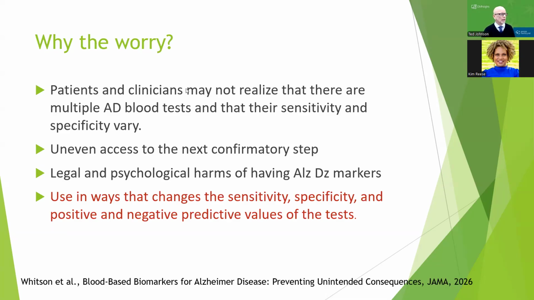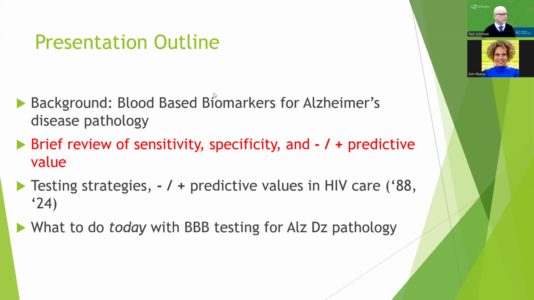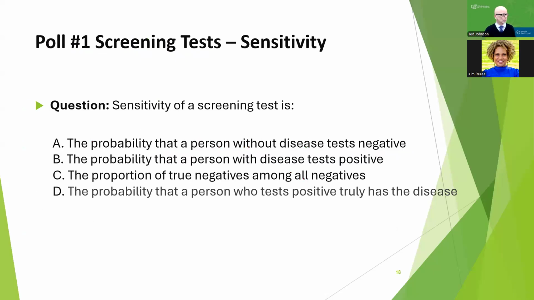And since we are early in the review of these types of concepts, I wanted to look at some historic use cases, but also do something that I've been doing for my board review, which is going over sensitivity, specificity, and positive predictive values, and how they're interrelated and changed based upon the population that you're testing, how the test was derived and in what population, and also the overall prevalence of the condition. So here we go.